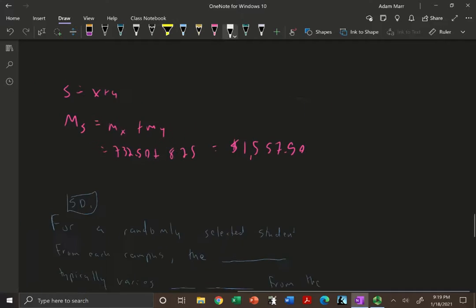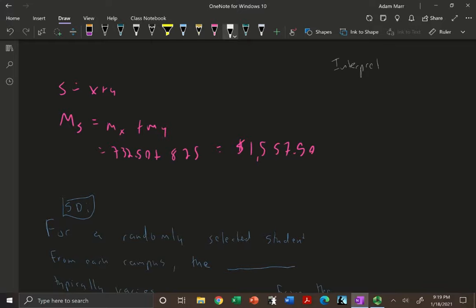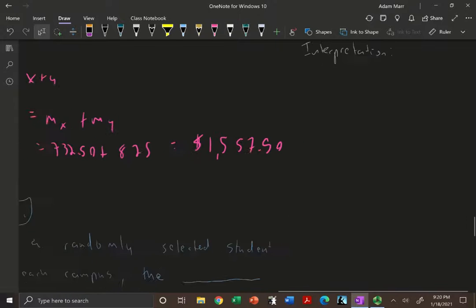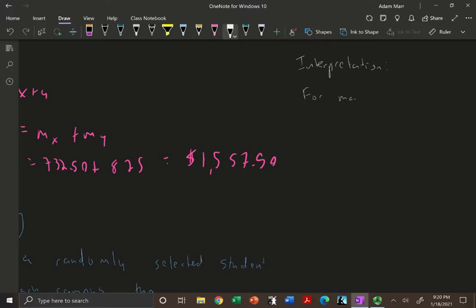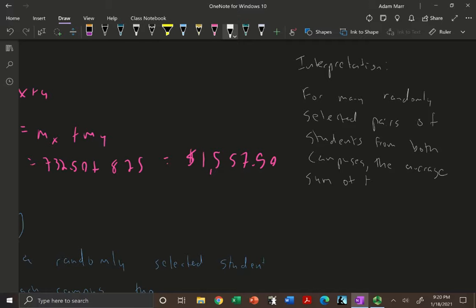We'll start this out: for many randomly selected pairs of students from both campuses, the average sum of their tuition is $1,557.50.